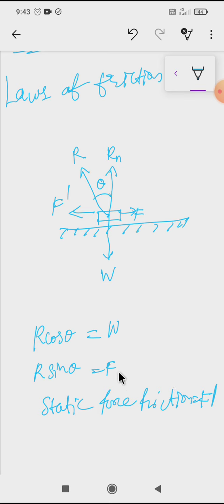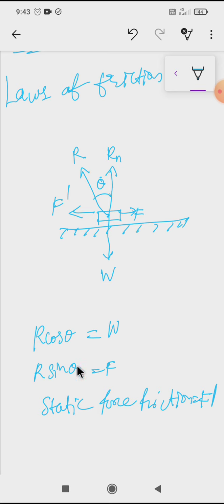The angle theta attains the value phi, and the body is in equilibrium under the action of three forces: F in the horizontal direction, W in the vertical downward direction, and R at an angle phi with the normal. So we are considering the angle phi at which it starts moving, with the normal inclined towards the force of friction.